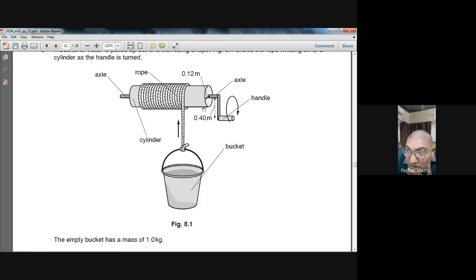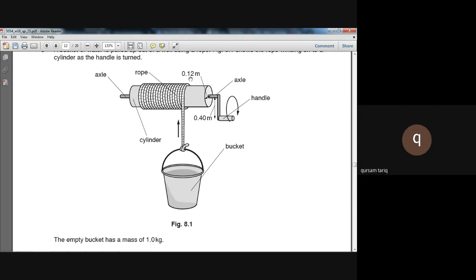So its perpendicular distance from the axle is this much, 0.12 meter. So the moment produced is equal to the force multiplied by the perpendicular distance between the force and the pivot.